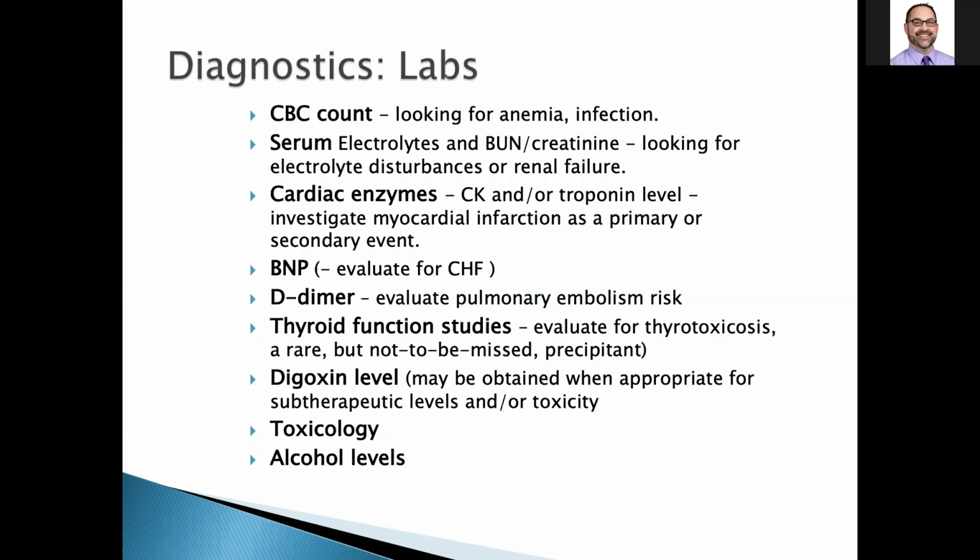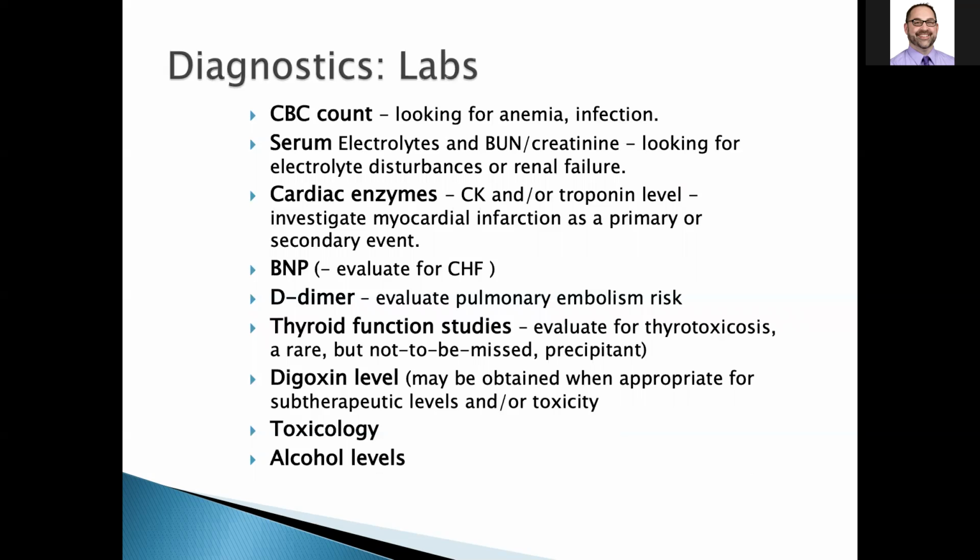Diagnostics, so we're looking at laboratory studies. You want to do a CBC, since sometimes severe anemia will trigger atrial fibrillation, and electrolyte abnormalities. You're going to look at a troponin to see if there's any elevation from demand ischemia, where they're coming in with RVR and their troponin's elevating because of that stress on the heart, versus are they having a non-ST elevation MI, which has now triggered atrial fibrillation.